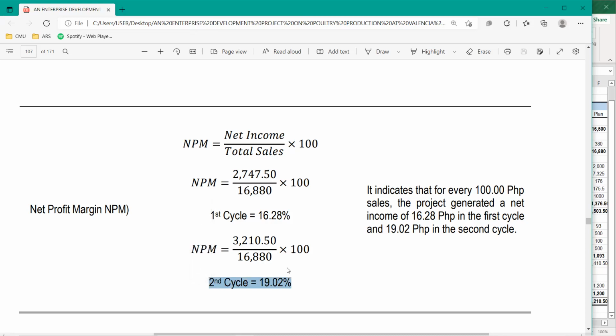So that means nga in every 100 pesos nga sale, ang ako rang mag-gain sa akong halin is 16.28 peso. More daw ng increase or good as ako ang net profit good in every halin. Okay? That in every halin per 100 nga sales. So in the first and second cycle.